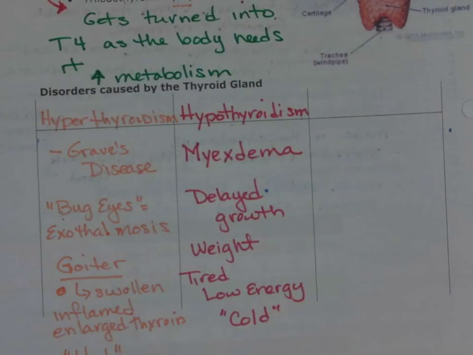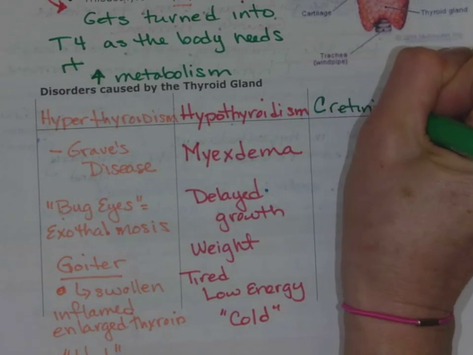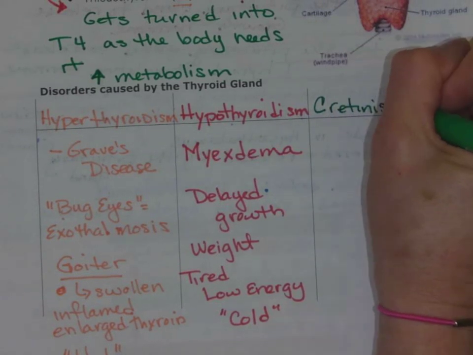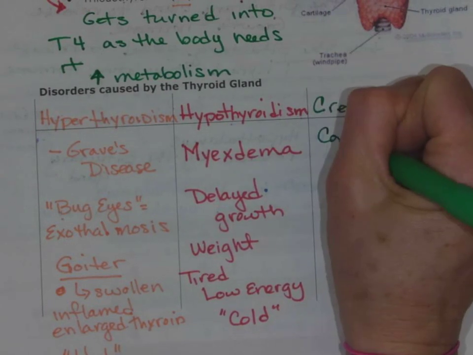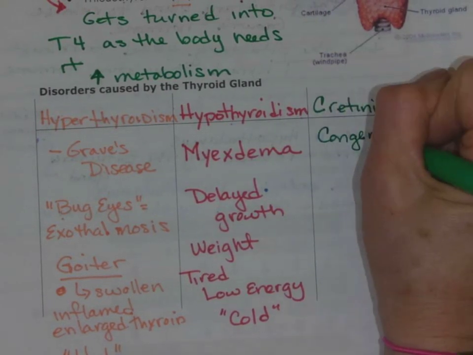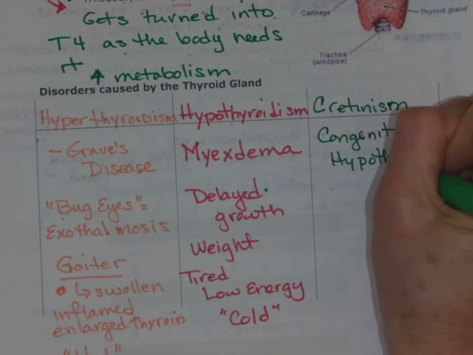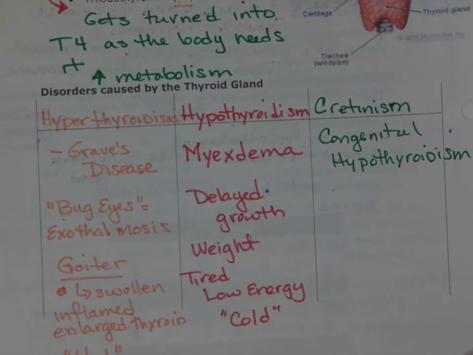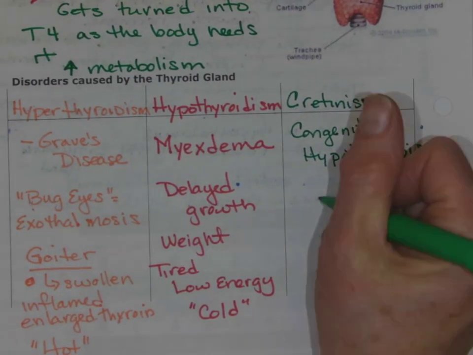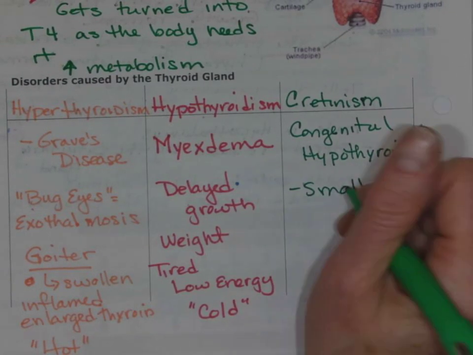The last one, and I know you're going to do more research on this, is called cretinism. It also has a very distinctive body shape. This is congenital, so you're born with it. Hypothyroidism. It actually causes a lot of problems with kids, little kids. They're small in size. You can, again, look up pictures of these guys.